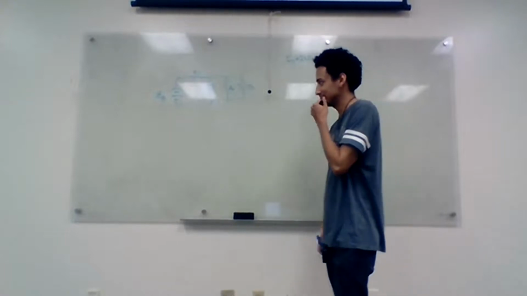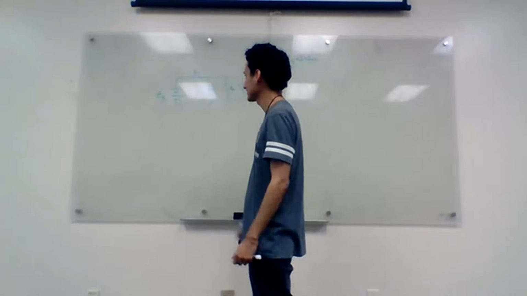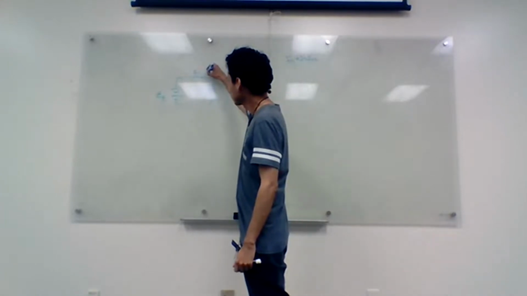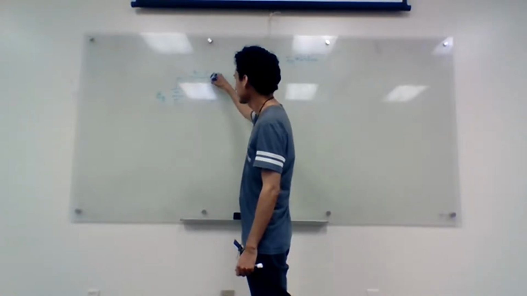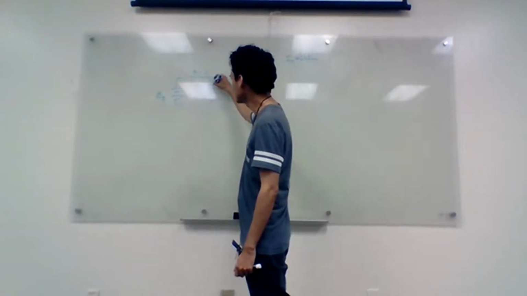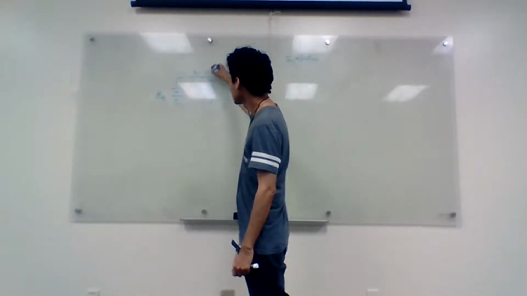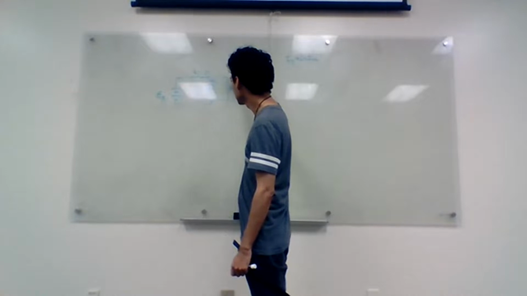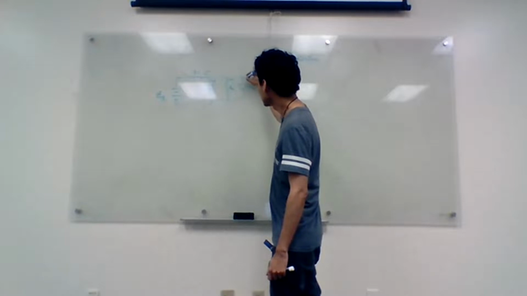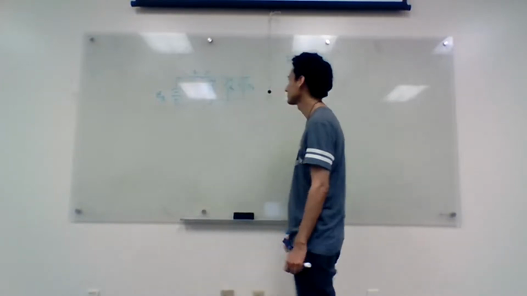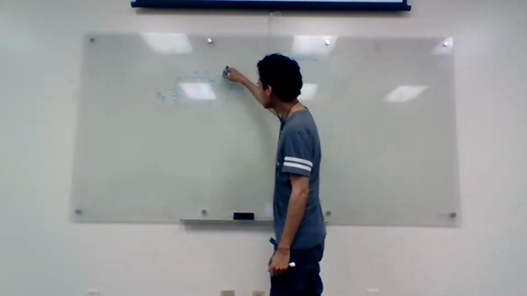So current from E_G through R1, call it I1 going in. Then I2 down D1 out, R2. So I_R1 is equal to I_D1 plus I_R2 plus I_G2.